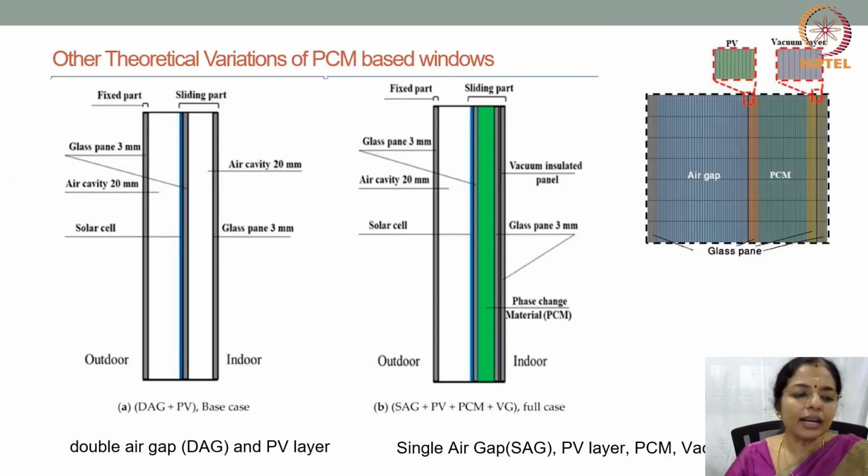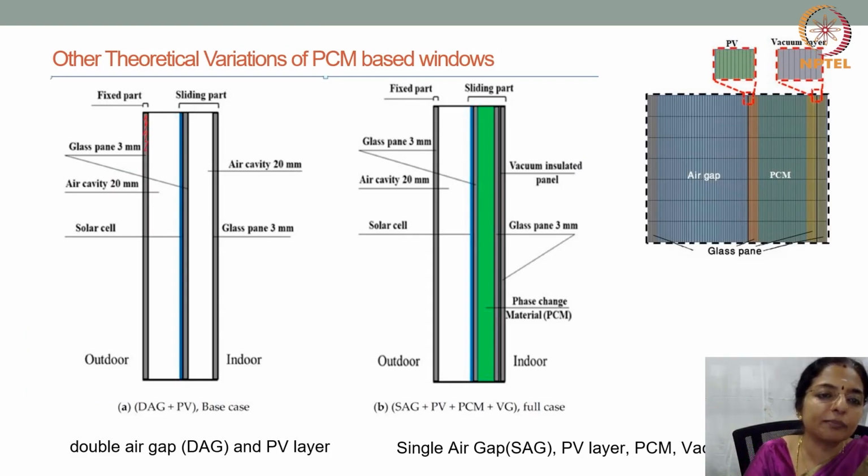There are other theoretical variations of how PCM based windows can be. So you can have a glass pane, and then we can also have an air cavity, which can be about 20 millimeters, and then you can have a solar cell here.